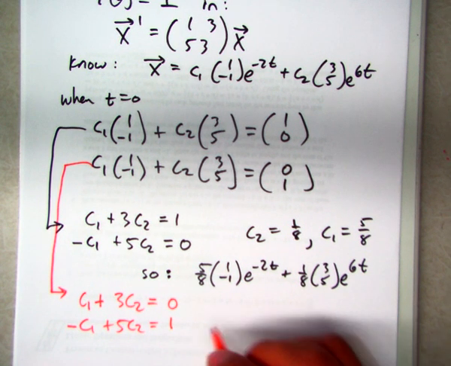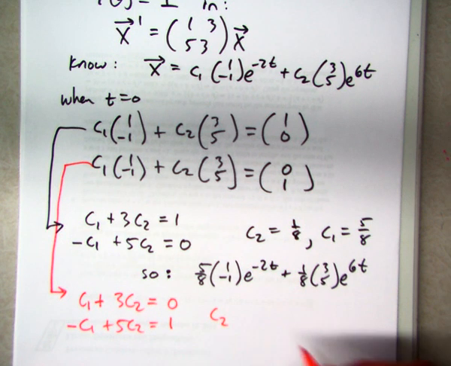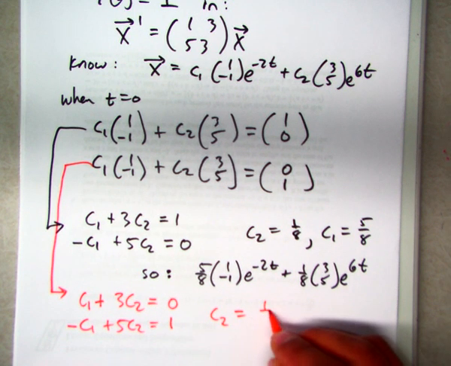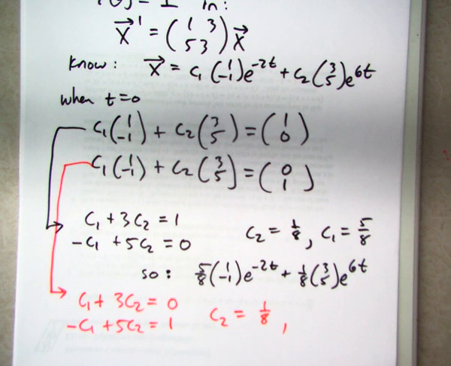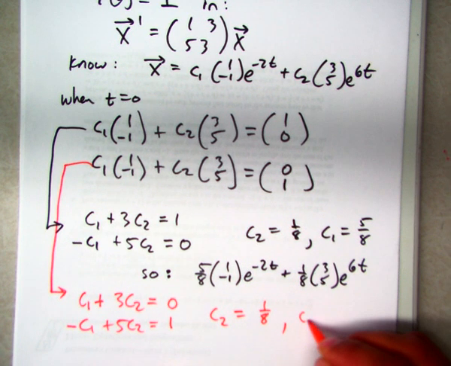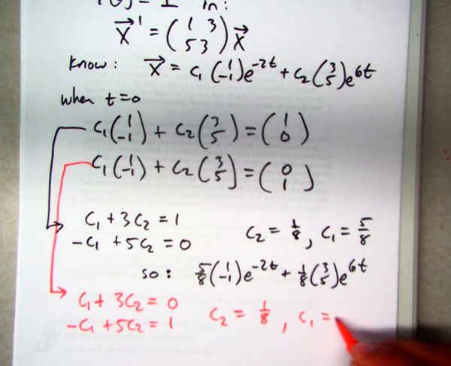So C2 here is, again, 1/8. C1 would be -3/8.